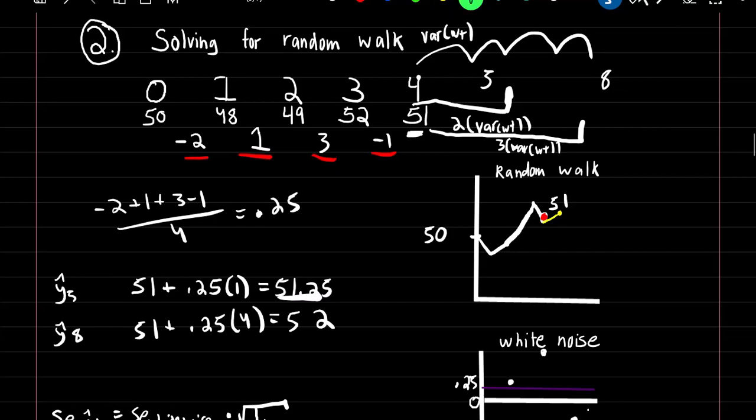Now our prediction interval is going to be from 44.2 to 58.3. So it's saying at time 5, our value can fall anywhere within this range. And the yellow line is just going to be our predicted value.